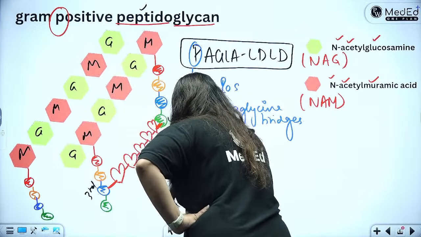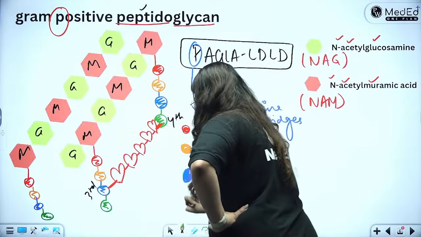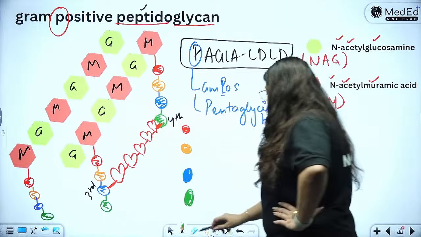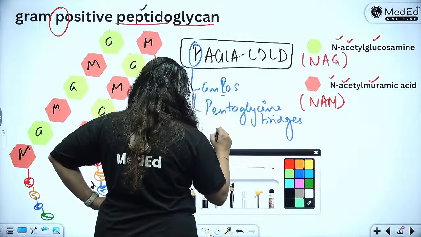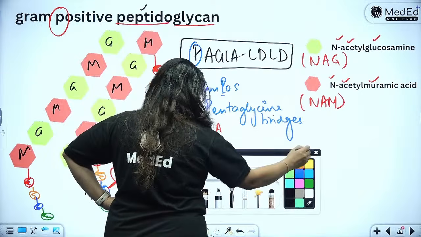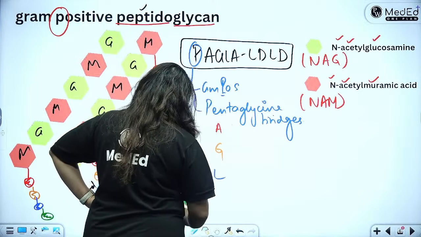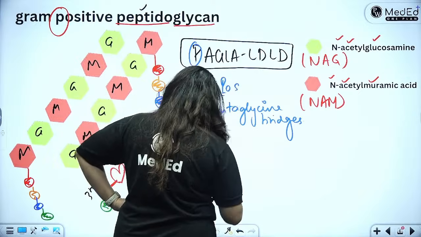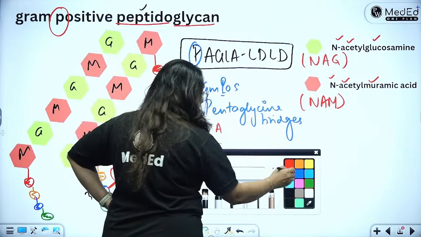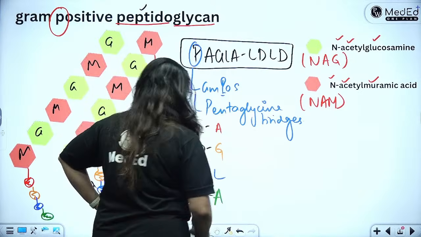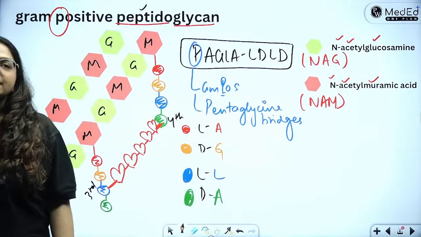Yes, these were the molecules. So the mnemonic is Agla, LD, LD. So let me write here A, G, La, and LD, LD. So these are your tetrapeptide side chains.